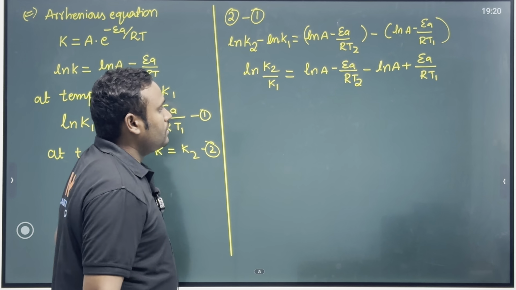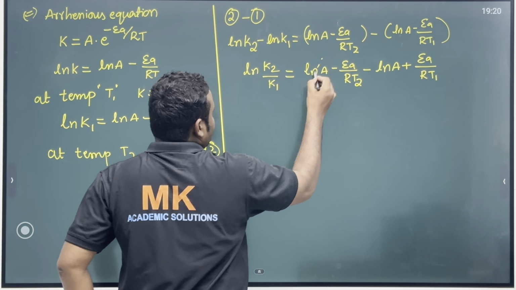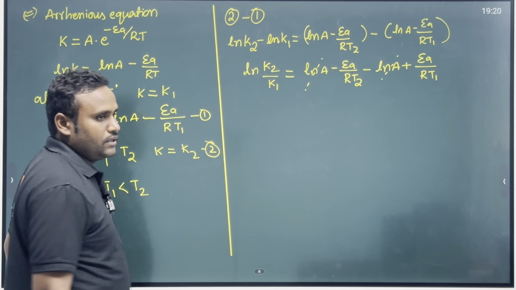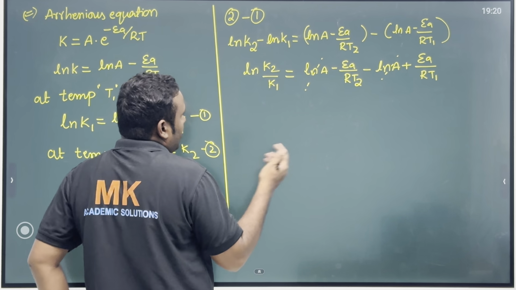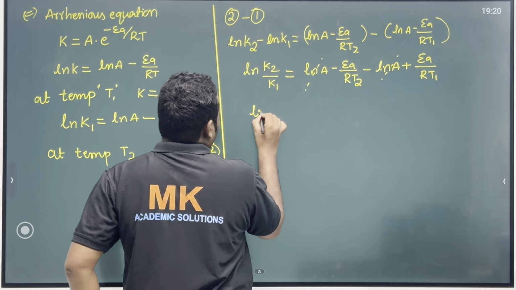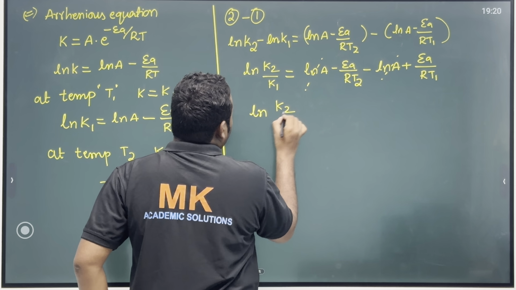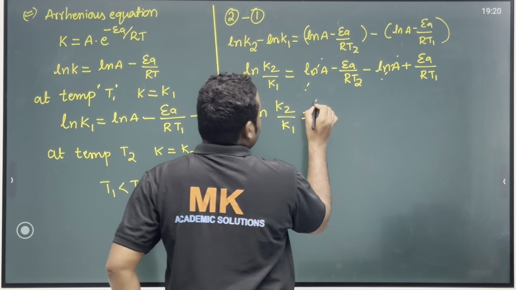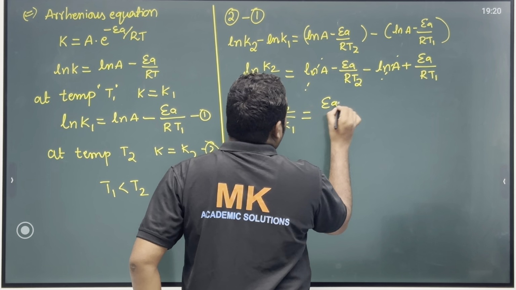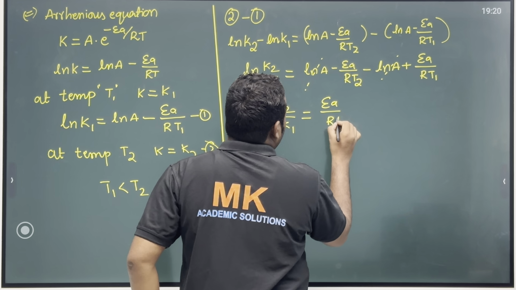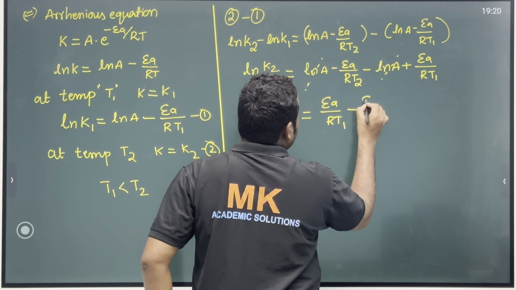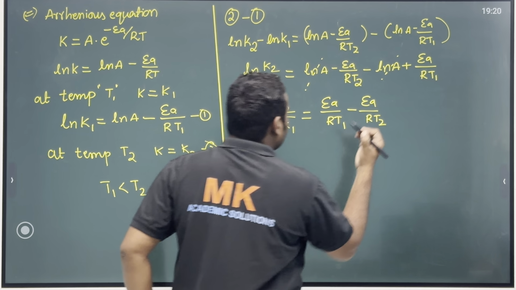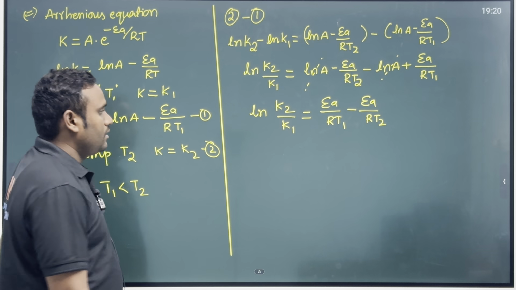So now plus ln A minus ln A will cancel out. So what remains here: ln K2 by K1 is equal to EA by R T1 minus EA by R T2. This remains, right children.